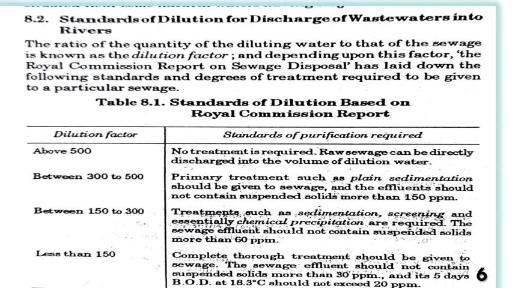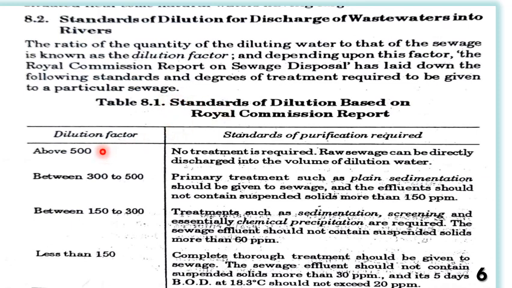In this slide, let us study the dilution process of disposal of sewage into the water body. We have some standards laid down by ISI. These are the standards of dilution for discharge of wastewater into rivers, a water body.